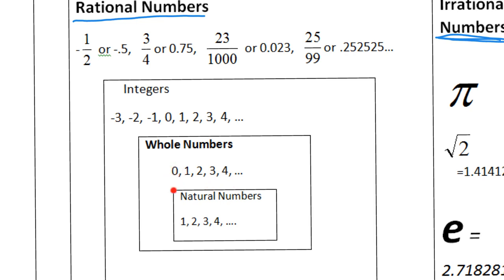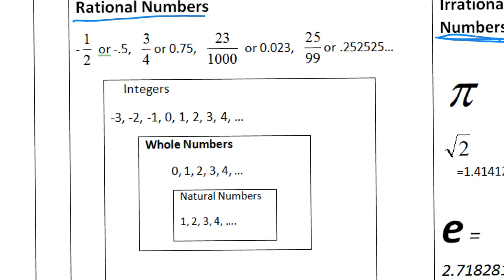Notice that the natural number rectangle is inside of the whole number rectangle because natural numbers are also whole numbers. But if you say just natural numbers, you cannot say that 0 is a natural number because 0 is not in there. 0 is with the whole number rectangle. So you do have natural numbers inside of the whole numbers, but 0 is just a whole number.